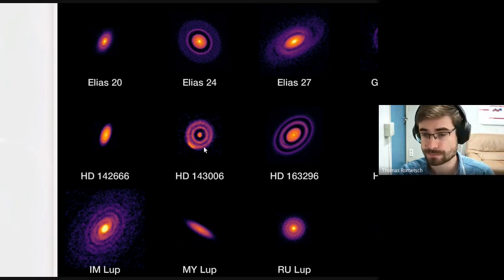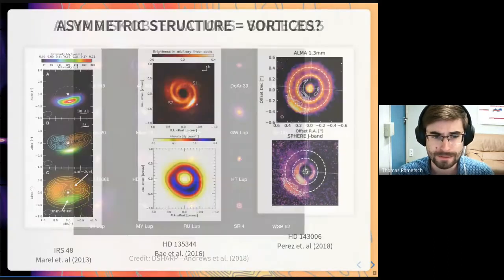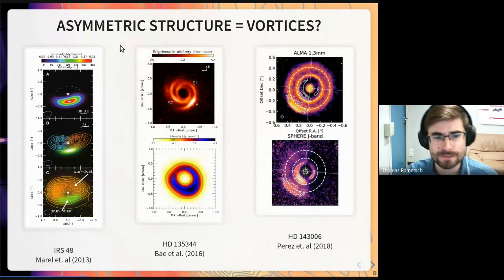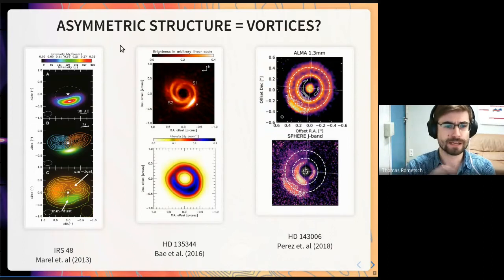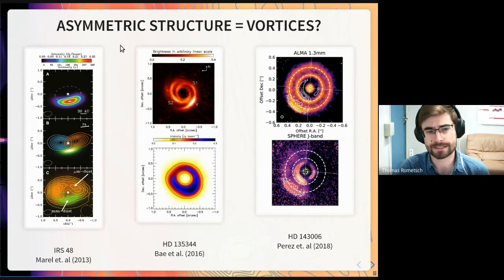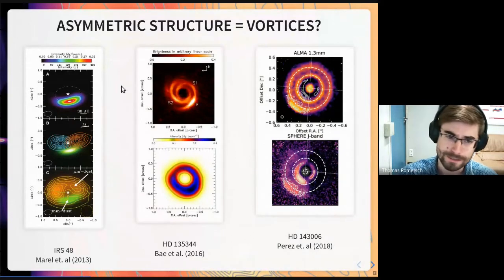These asymmetries in the structure, of course, you need to explain them. You could assume these disks are axisymmetric, because they nicely rotate. So how do you form these big clumps of matter? Well, we see clumping of intensity in the observations, but then we infer that there's also a clump of matter.